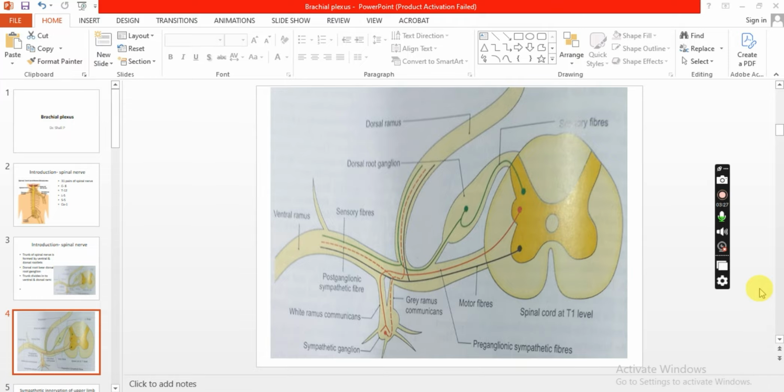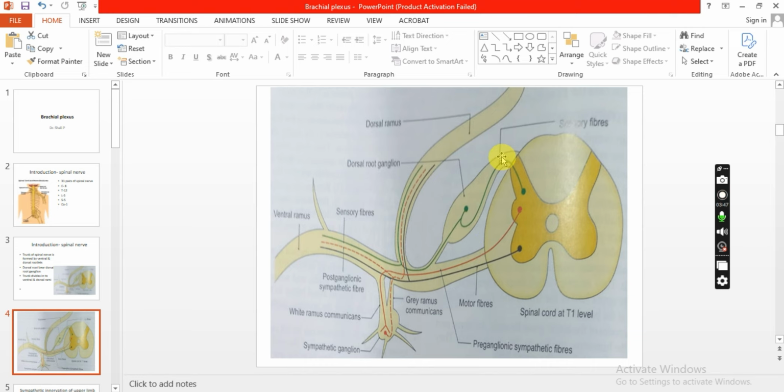Okay, let's talk about the spinal nerve in a bit more detail, and we'll come back to the sympathetic nervous system later. Every spinal nerve arises by a bunch of ventral nerve roots and a bunch of dorsal nerve roots.